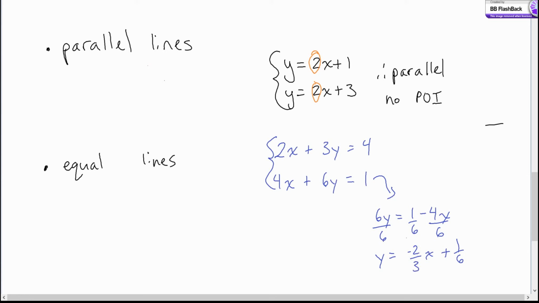Okay, so this is what we get when we rewrite the first equation. Let's see what we're going to get when we rewrite this equation. Moved over the 2x, divide everything by 3.